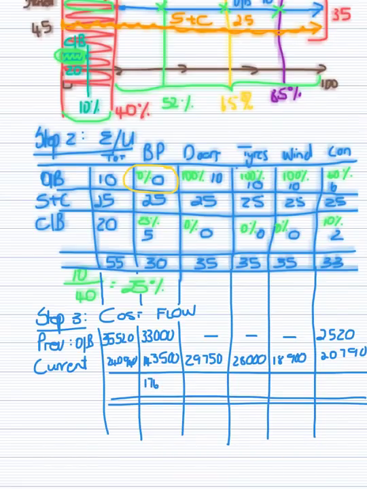So this is 176,460, 29,750, 28,000, 18,900, and 23,310, giving me a total cost of 276,460.